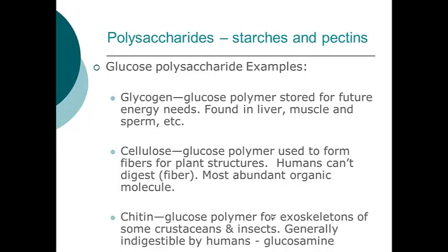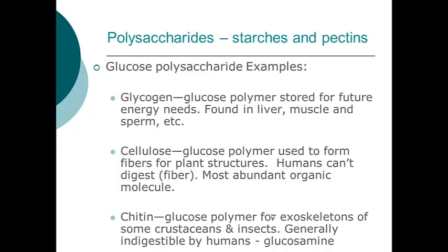Cellulose is strictly a plant polysaccharide. Huge numbers of glucoses polymerized into a long straight chain are responsible primarily for the makeup of the cell wall. Humans, if you remember, are not able to digest cellulose.